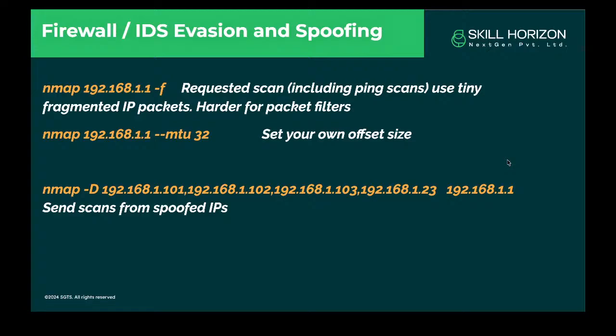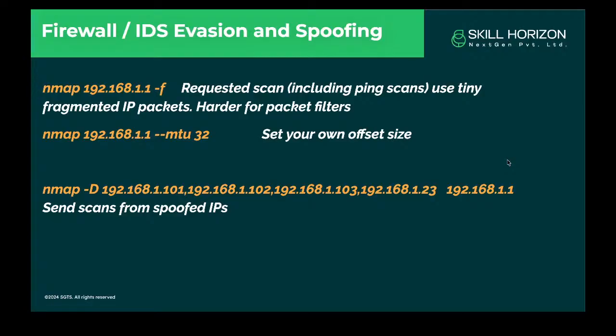Now there are some more commands for other purposes like firewall and IDS evasion, or for spoofing. There is an option available called -f, which is known as fragmented scan. It crafts tiny or fragmented packets.